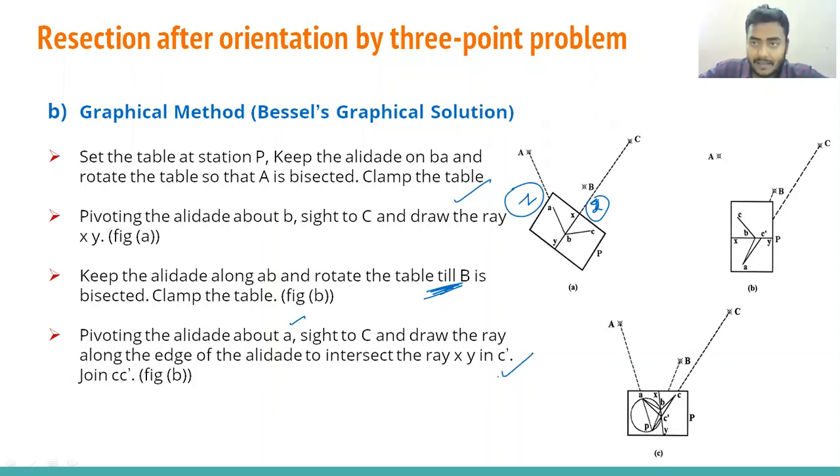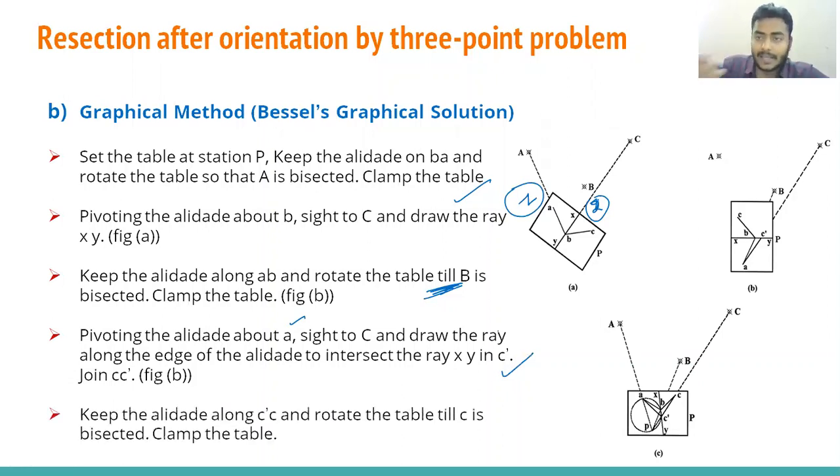Join C C dash, and then keep the alidade on the C C dash line. Then sight C, or rotate the table till it is bisected. Once C is not visible, we can rotate the table and then clamp it. Once we reach here, we can say that the table is properly oriented.